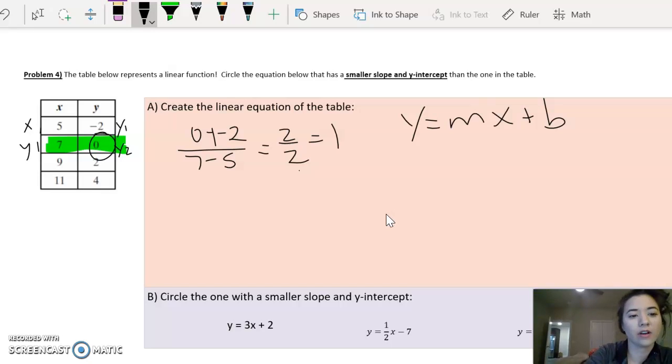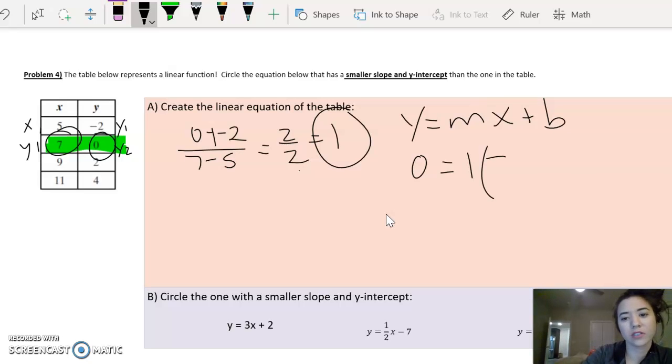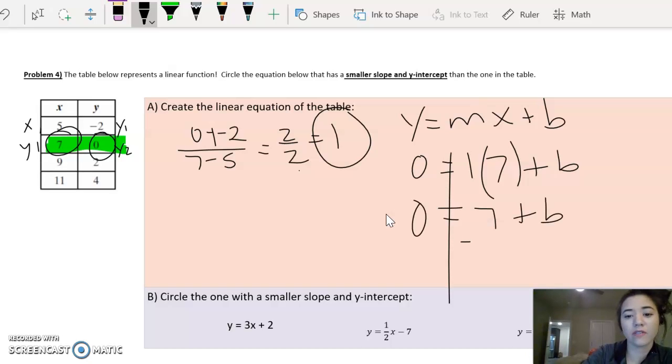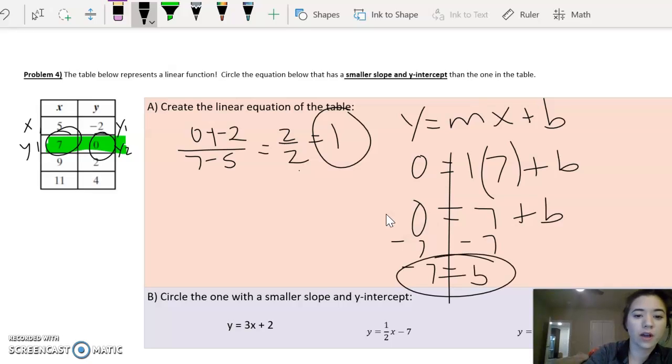So my y value is 0. My slope is 1. X is 7 plus b. 0 equals 7 plus b. Subtract 7 on both sides, and we get negative 7 equals b. So that means my equation is y equals 1x minus 7.